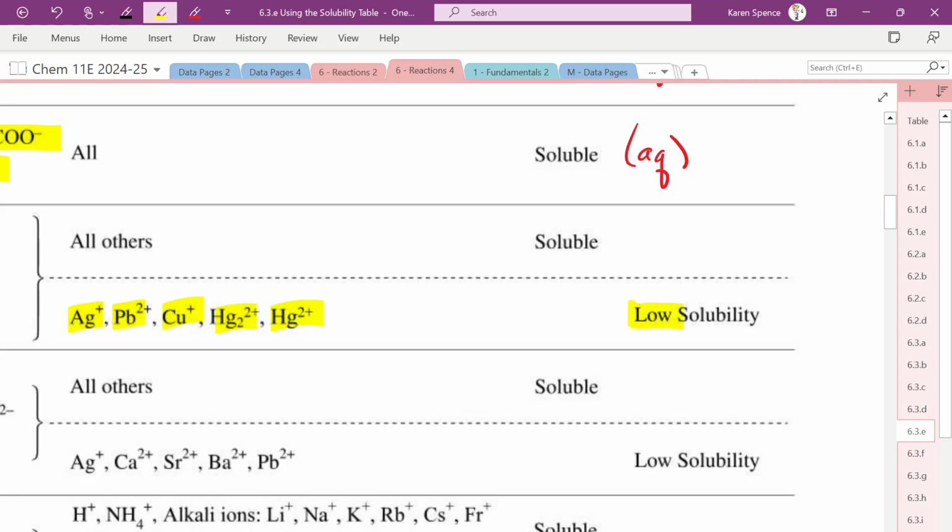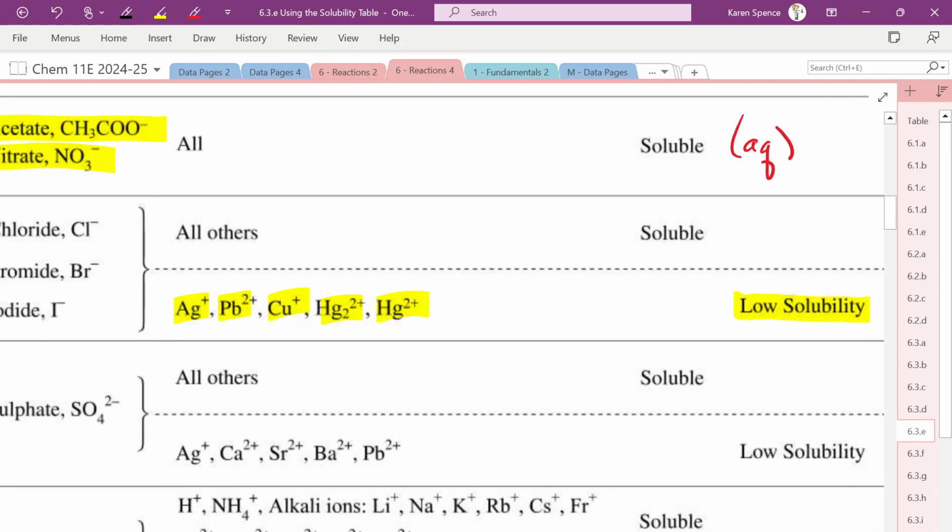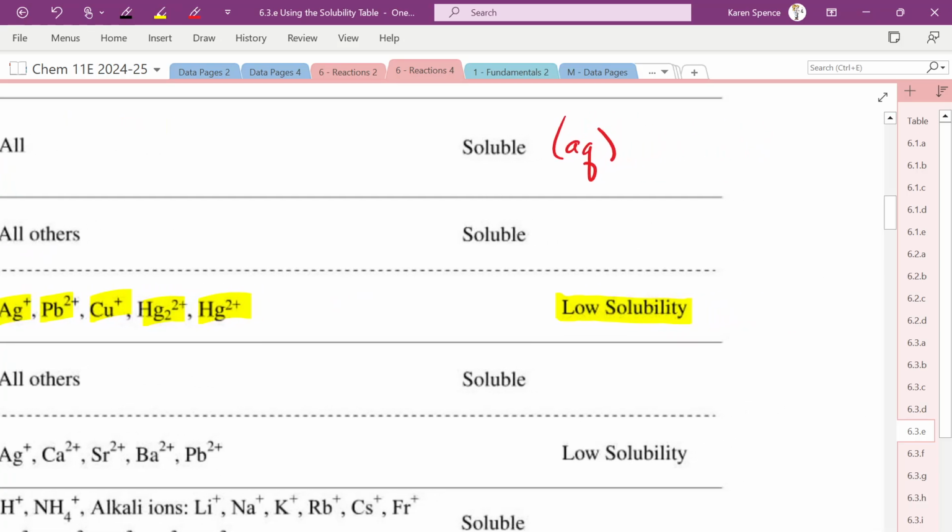Those are low solubility, but there's only 5 of them. So if you put chloride or bromide or iodide with silver, lead, copper 1, mercury 1, and mercury 2, guess what? It's low solubility.